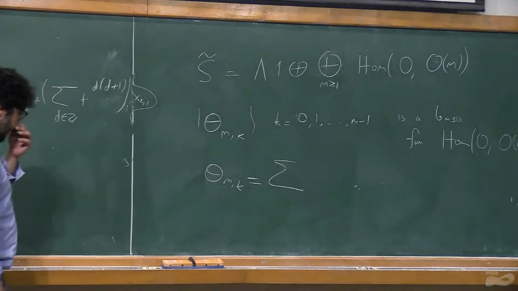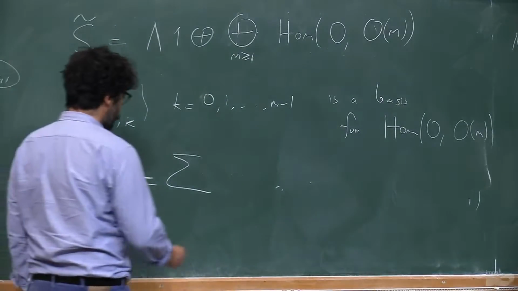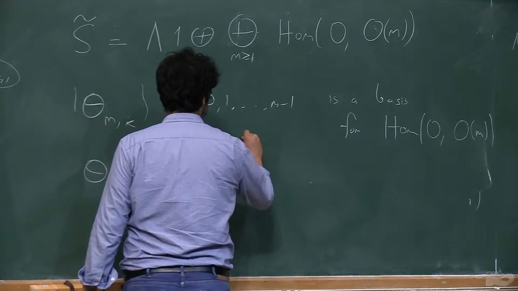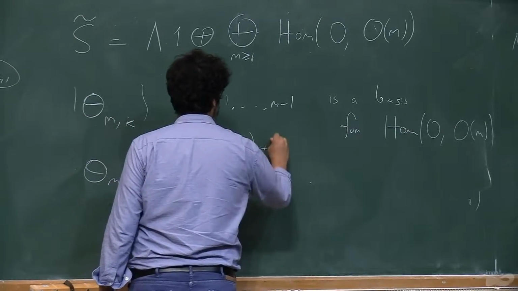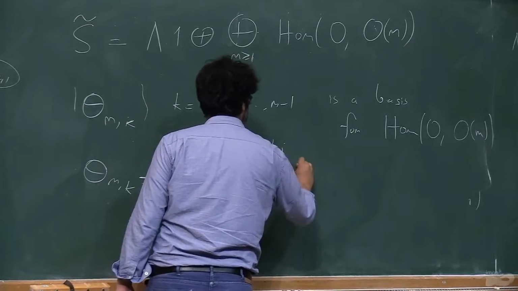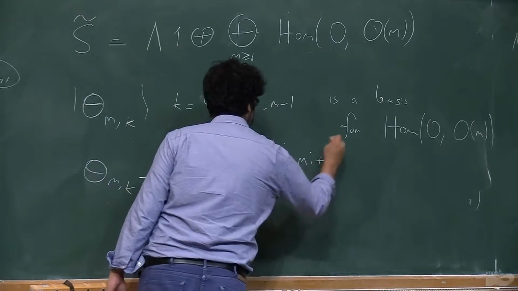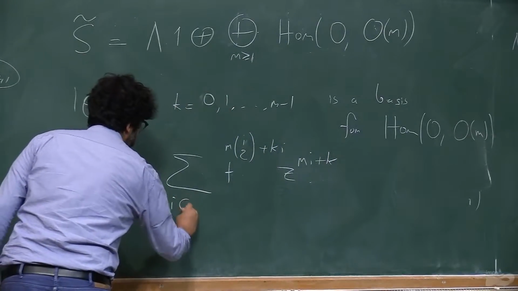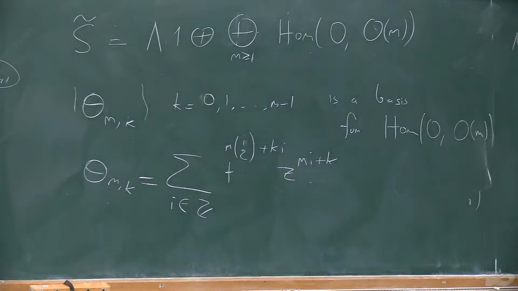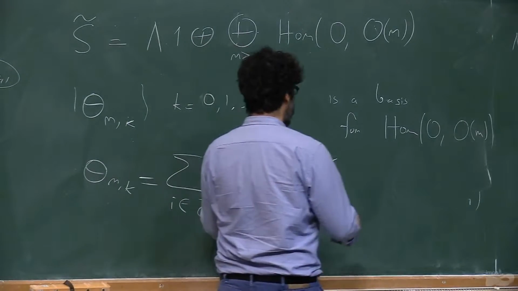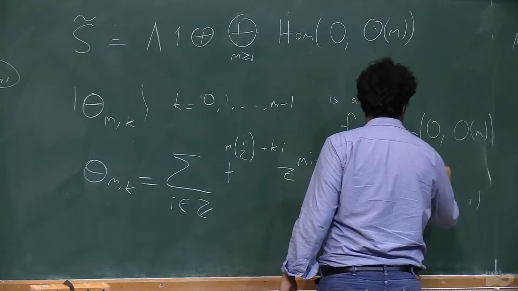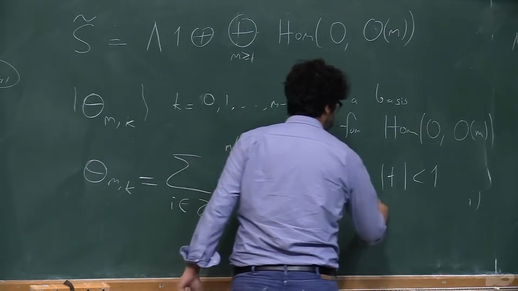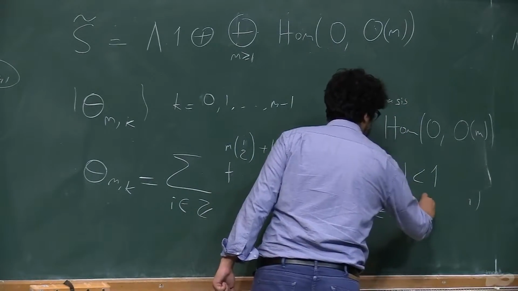So they look like this. I is integer. So this is a function of two variables, t and z. t is a formal variable, but this function converges for absolute value of t less than 1, and z is an element of C star, say. Okay.